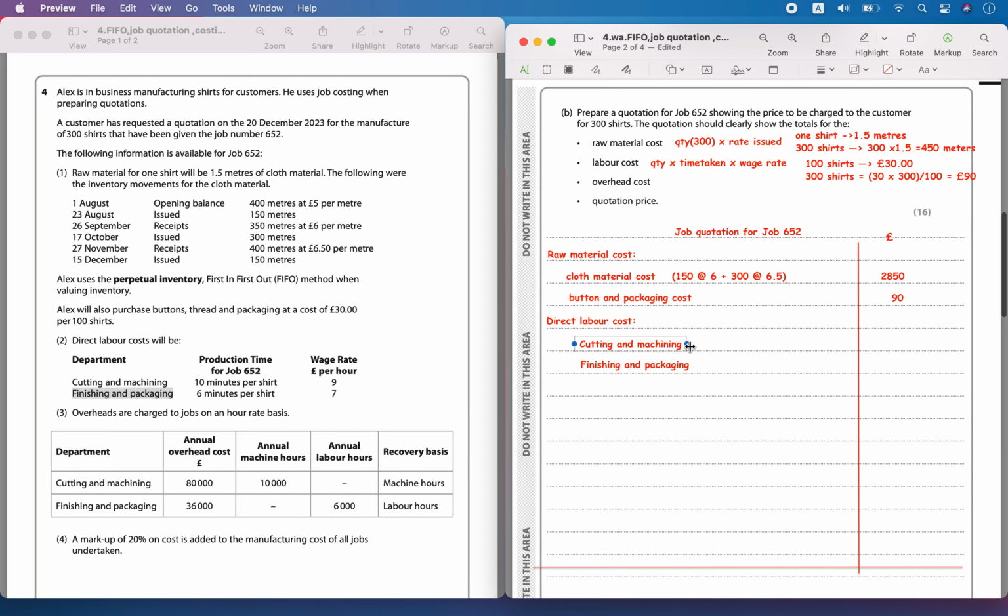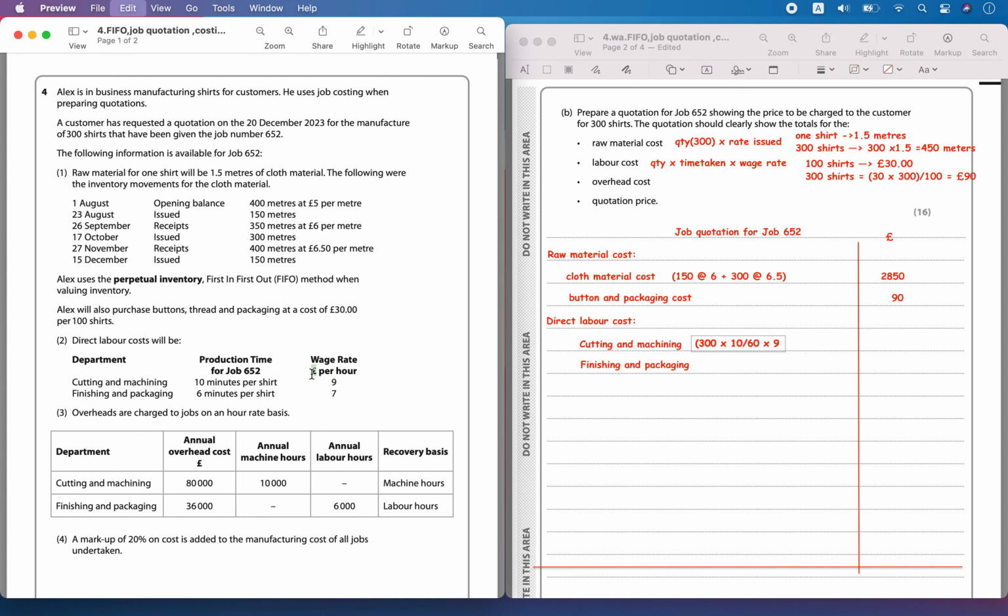So now let's put the things. First one is the quantity of preparation, that is 300, then it takes 10 by 60 hours and the rate paid is £9 per hour.